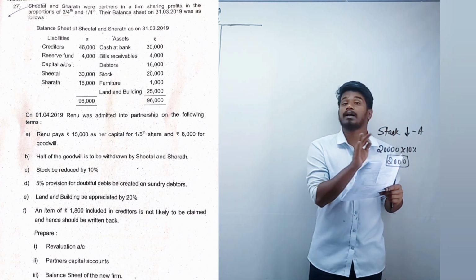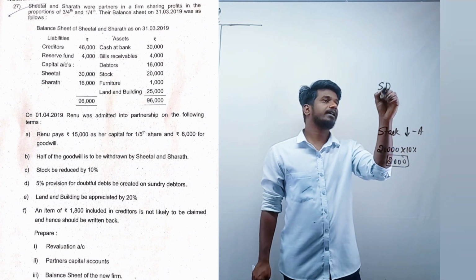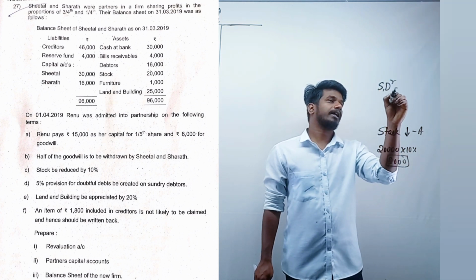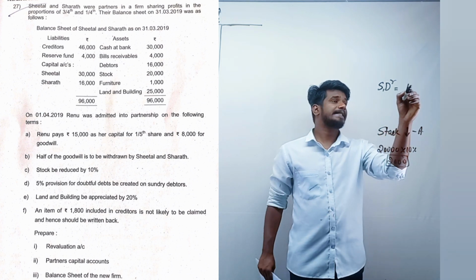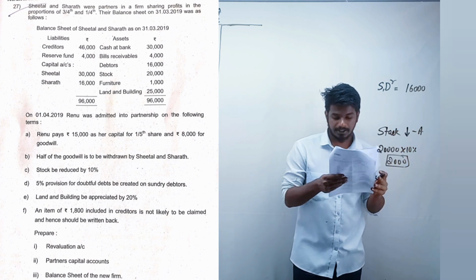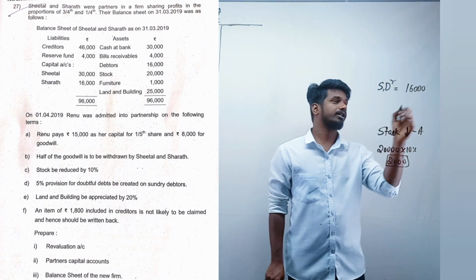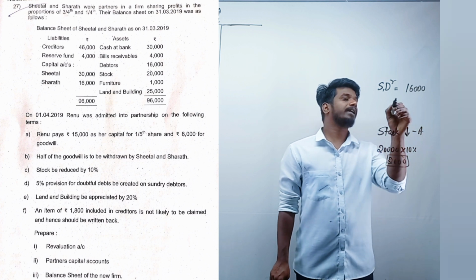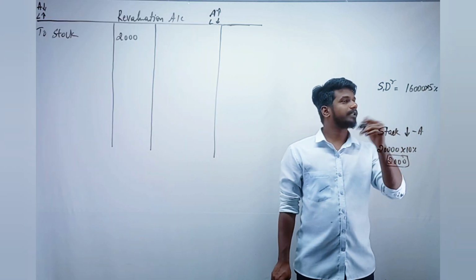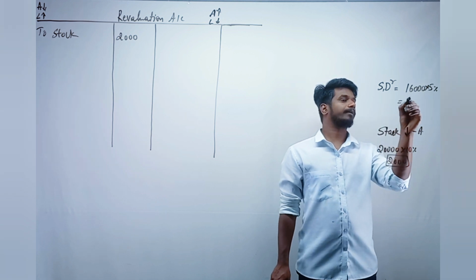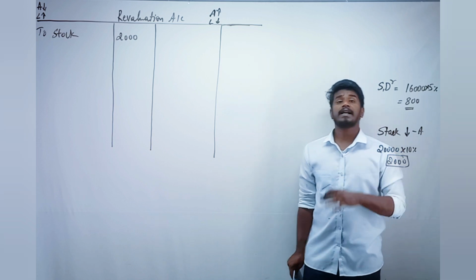They are on the asset side, correct? How much is it? It is 16,000. We should create a 5% provision out of this. 10% is 1,600, so 5% is 800, correct? So 800 provision.